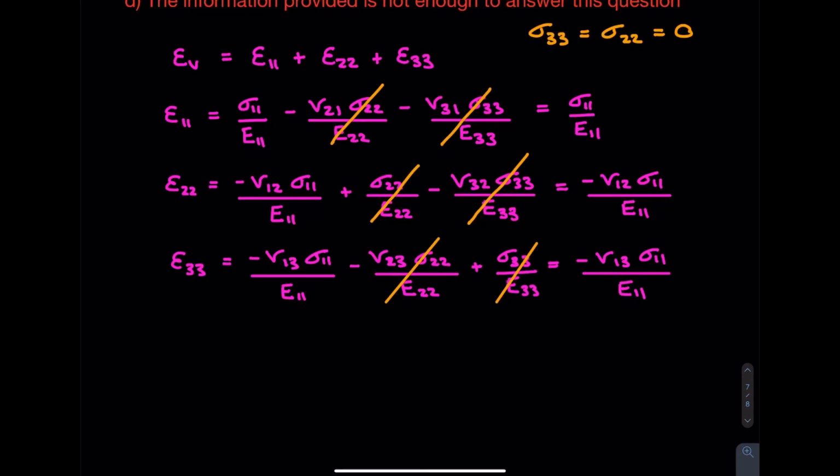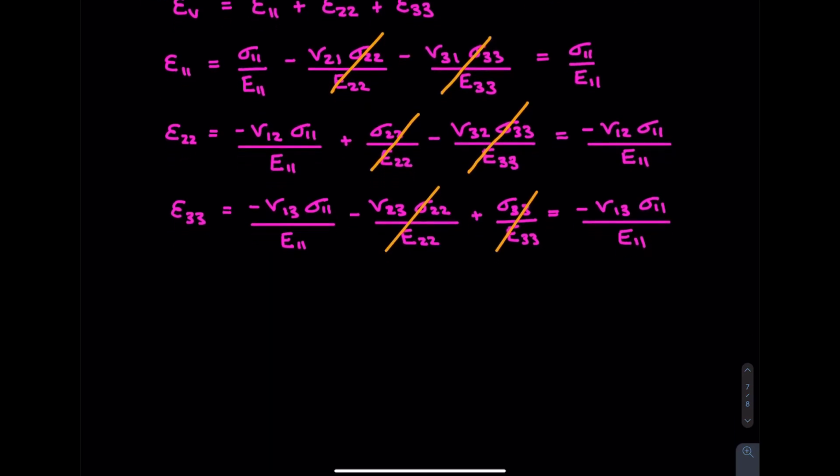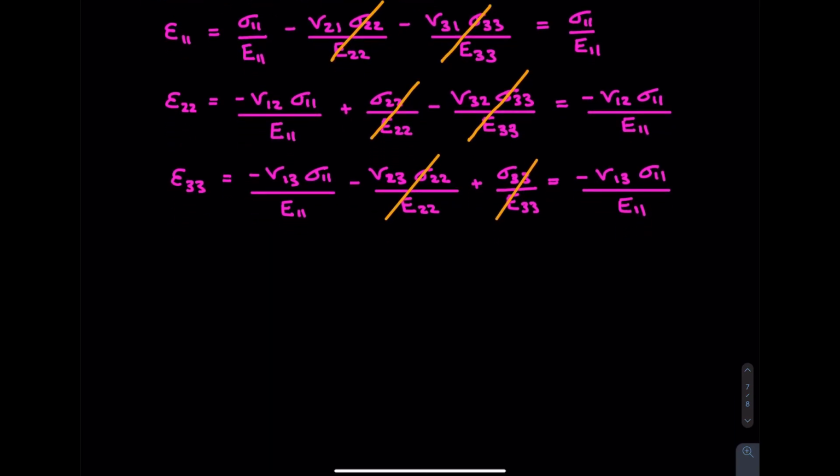So now what we can do is we can take epsilon 1, epsilon 2, and epsilon 3, and substitute them into the volumetric strain. So I'm just going to scroll down a little bit to give me some more room. And I find that my volumetric strain, which is the sum of all three of those, is going to be equal to sigma 1 divided by E 1 minus the Poisson's ratio 1 multiplied by sigma 1, all divided by E 1.